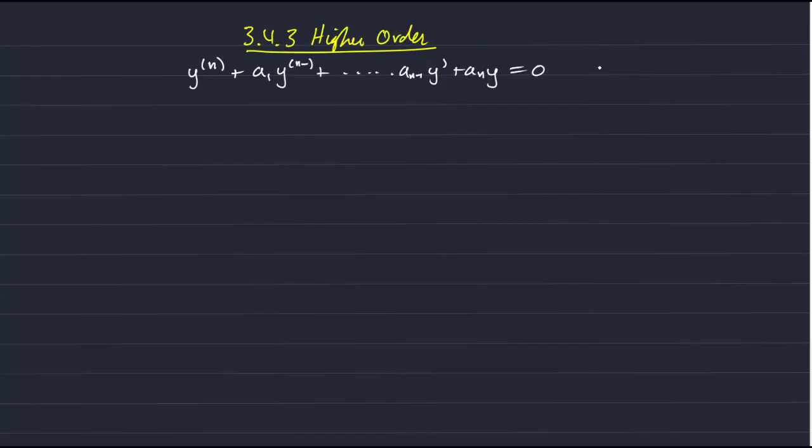And again, if we assume that y is proportional to e to the lambda x, we'll get a characteristic equation that is lambda to the n power plus a1 lambda to the n minus 1 power. These correspond to these parts of the original ODE, and summed all the way down to a(n minus 1) times lambda plus a(n) is equal to 0.